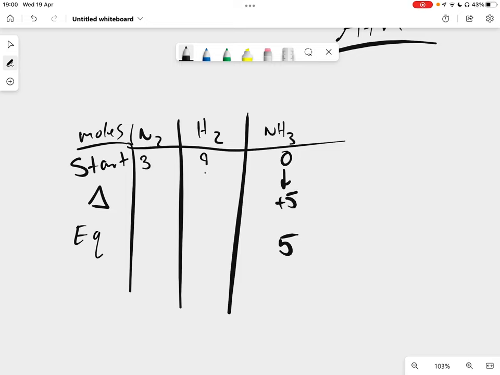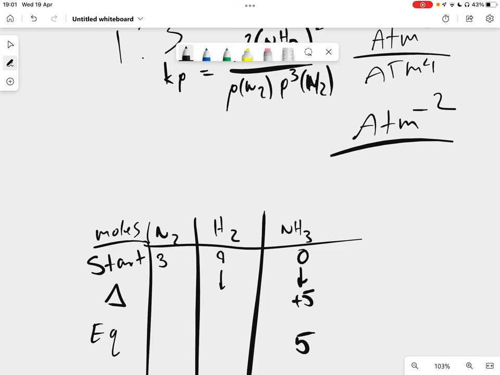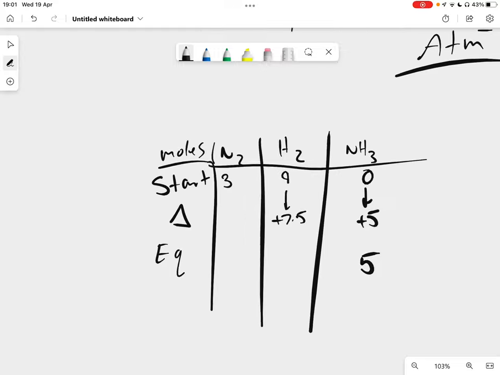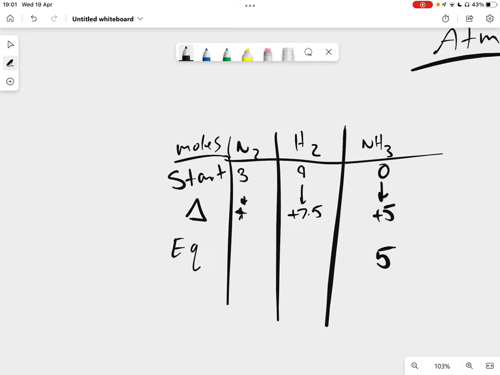So that means the change in this must be a multiple of 5. The stoichiometry ratio between 2 and 3, we've got to times 5 by 1.5. So 5 times 1.5 is 7.5. And this is going to be plus 5 over 2. Oh sorry, minus, I'm getting ahead of myself here, minus 7.5 and minus 2.5. So at equilibrium we have 0.5 moles of that, we have 1.5 moles of that, and we have 5 moles of that.